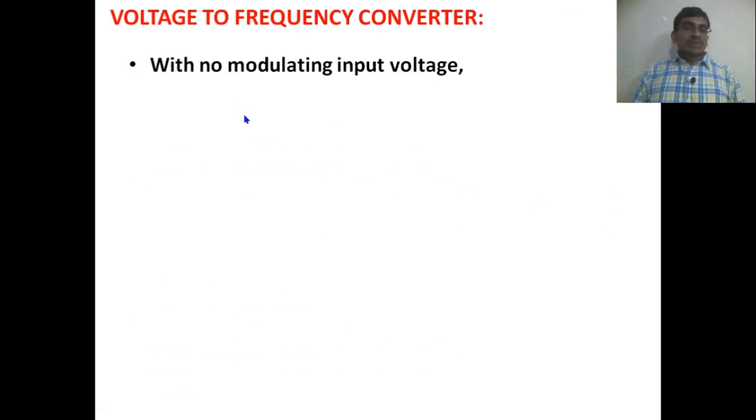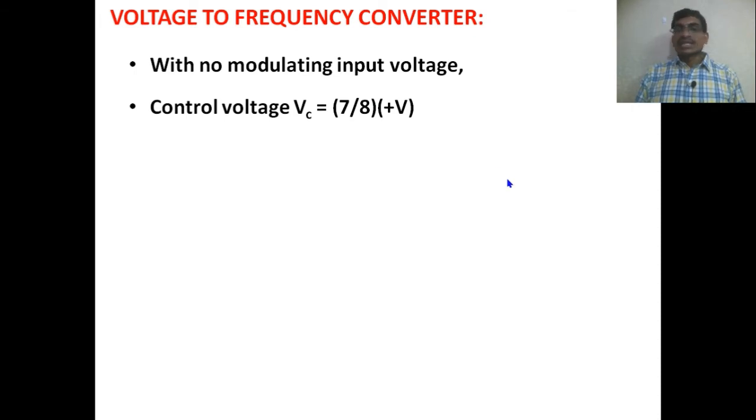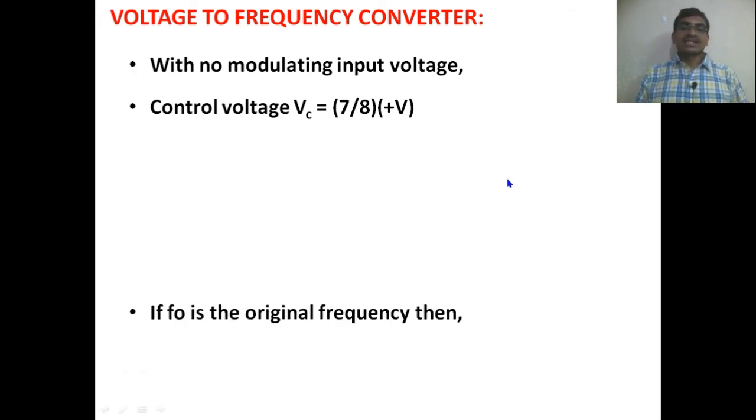With no modulation input signal applied, the control voltage Vc is equal to 7 by 8 times V, which is a standard value for the IC 565.